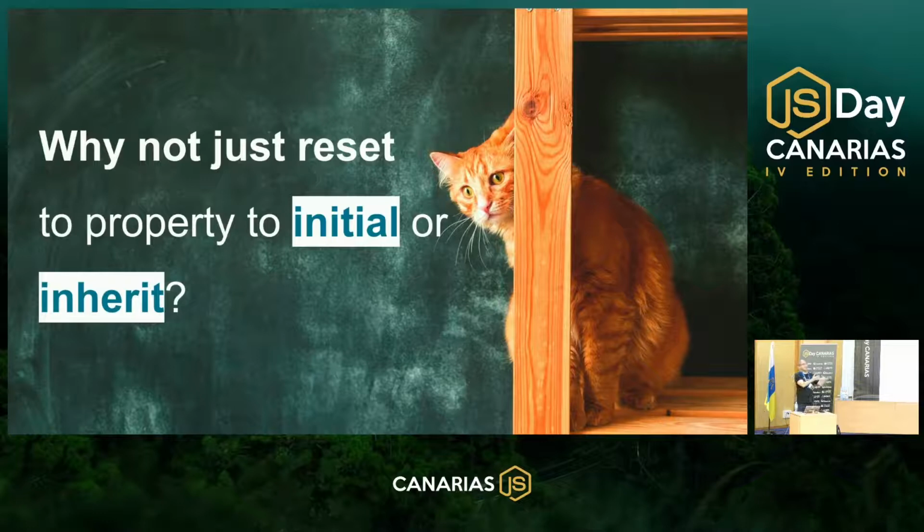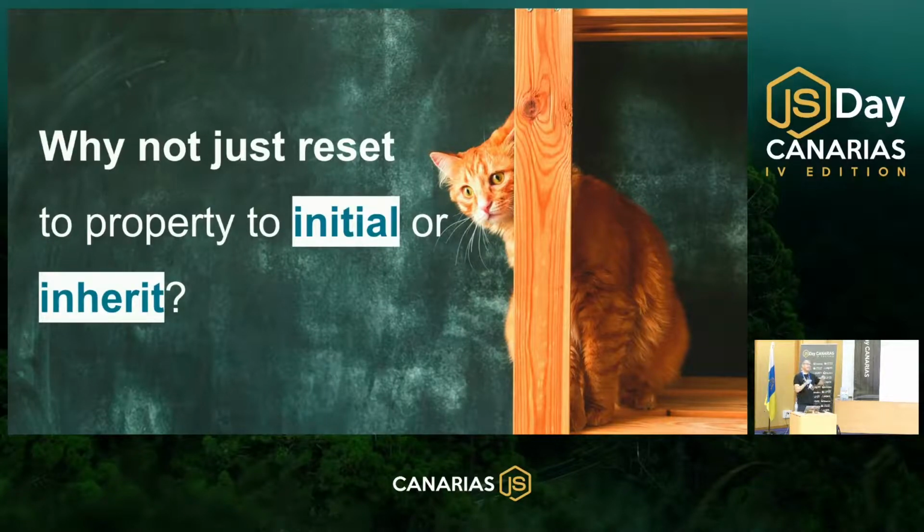The unset will do it for you automatically. And if I'm resetting a property that doesn't have inherited, like padding, most of the time I will want to reset it to initial. And if you are using the unset value, it will do it for you automatically. But still, why not just use the initial or the inherit value?